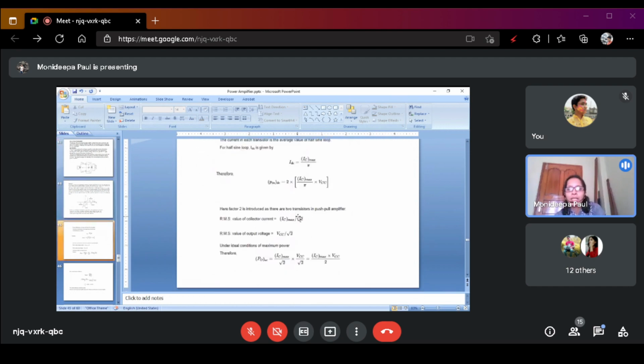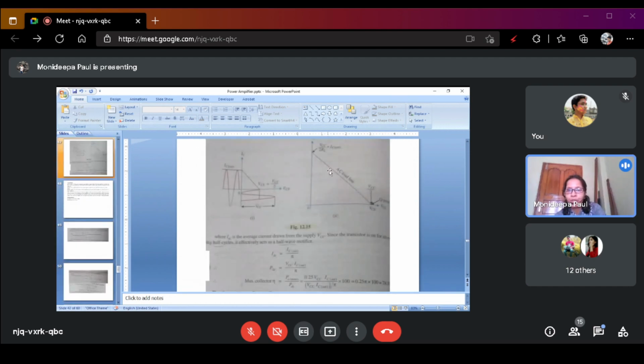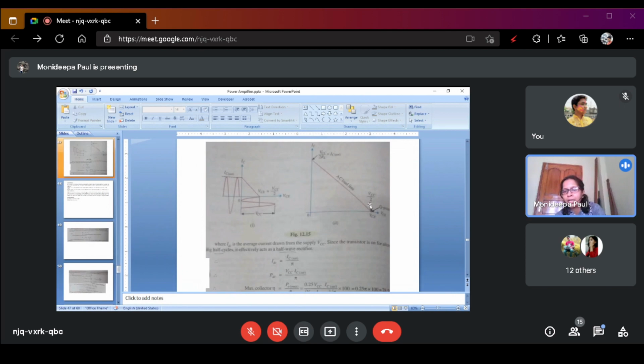So if we draw the collector output characteristics or AC load line, here you see what is the IC. The maximum value of IC we get when VCE is equal to 0, that is VCC by twice RL, and the maximum value of VCE is equal to VCC by 2.